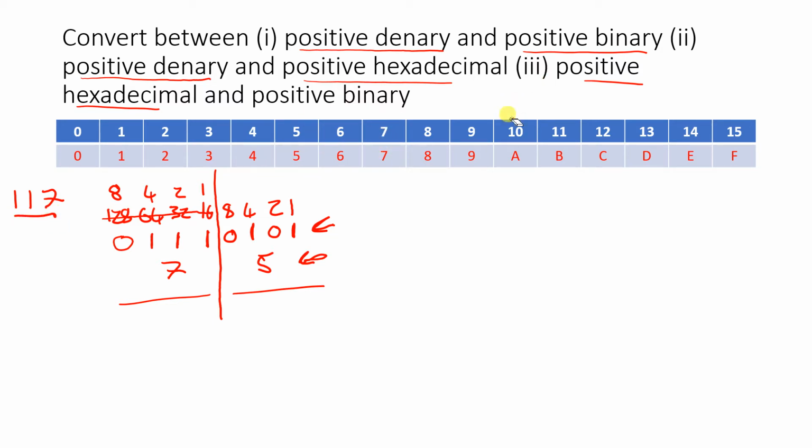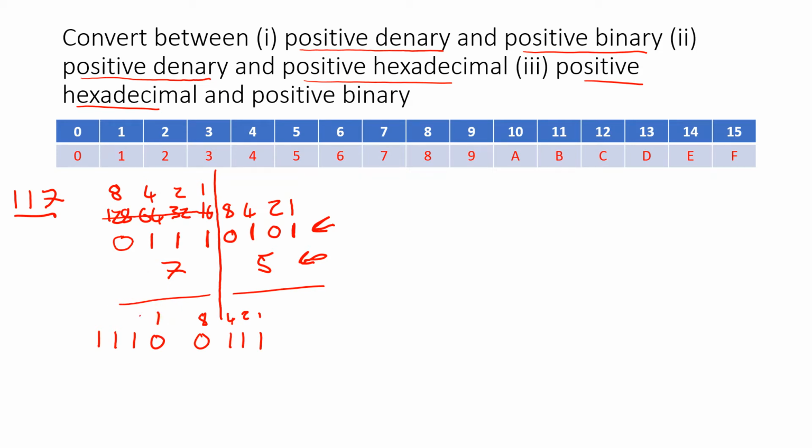Now, if we add this up and it goes above 9, let's say I have a binary value, let's do 1 1 1 0 0 1 1 1. I can add this up. Just to show you, 1 2 4 8, 1 2 4 8.